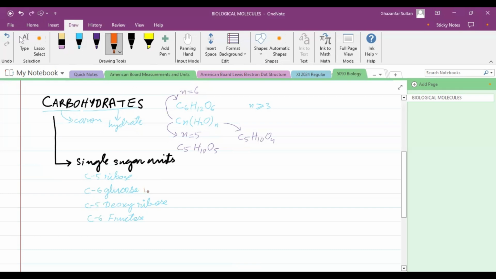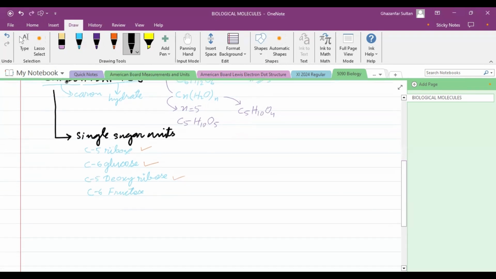So these are the different types in our syllabus. We will cover these in this chapter, and in digestion and respiration as well. Fructose is not directly part of our syllabus. One more thing that we will cover is maltose. Maltose is another kind of carbohydrate which comprises two sugar units.